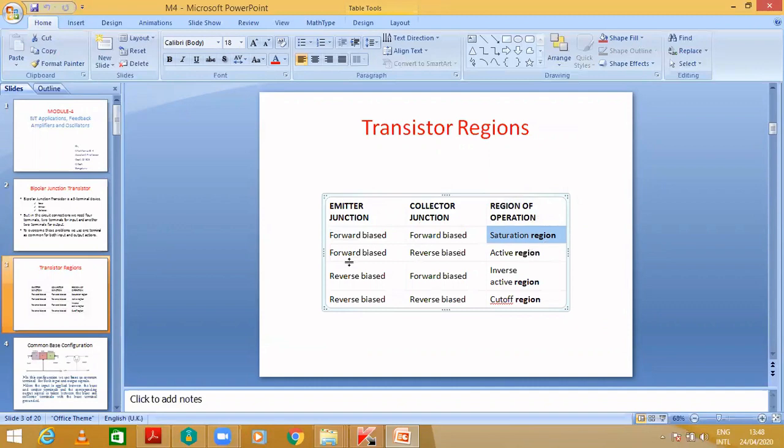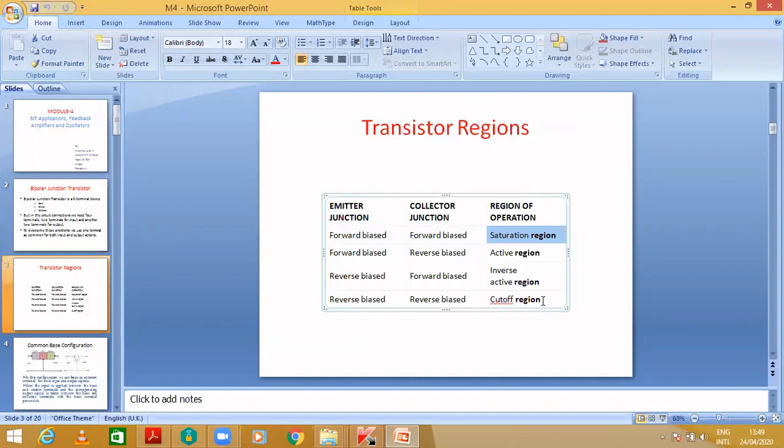If I reverse these two, it becomes inverse active. If both junctions are reverse biased, the region is called cutoff region. Now the question is how to operate the BJT as an amplifier. Let's see how the transistor will act as an amplifier.